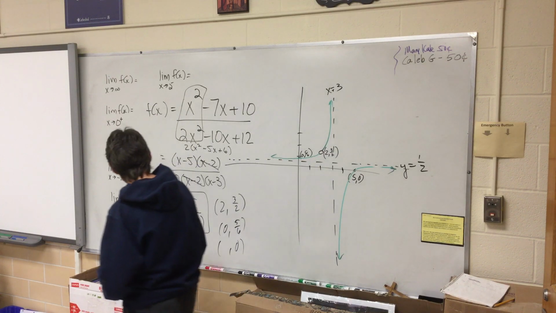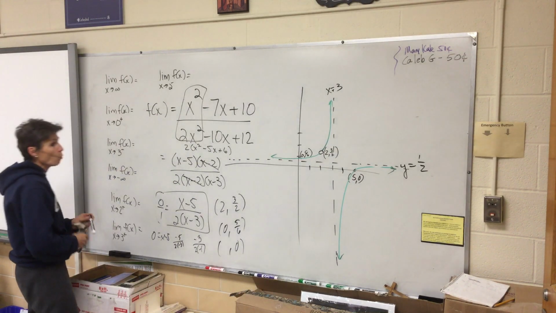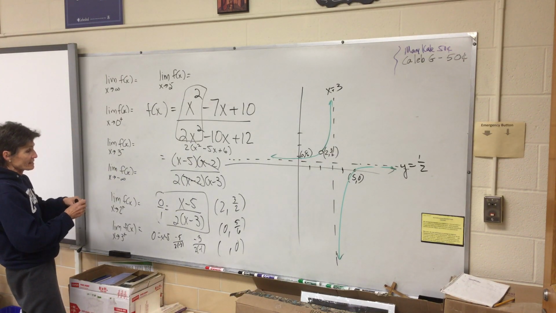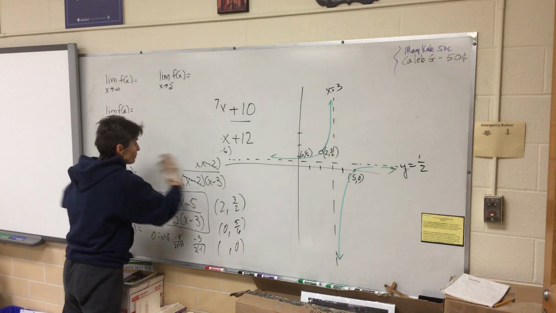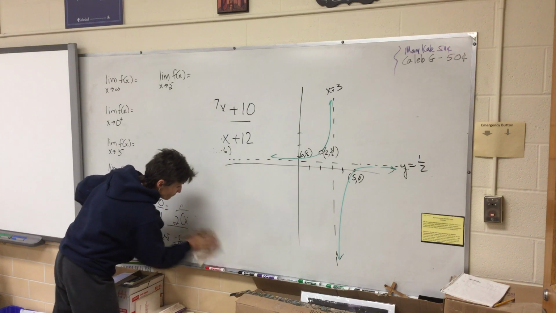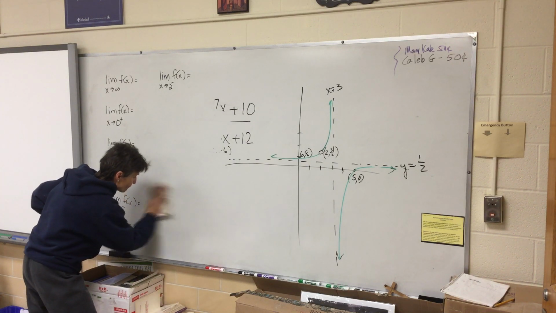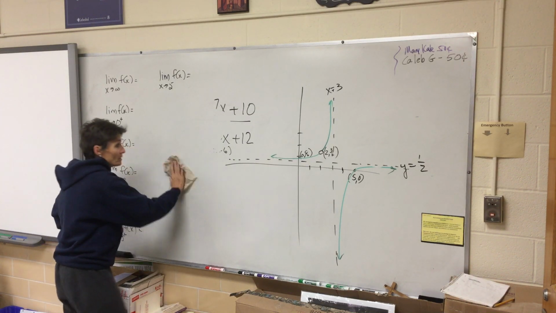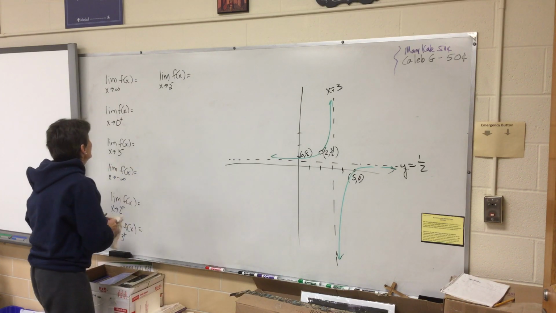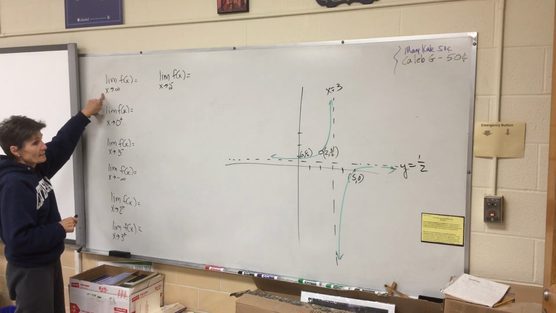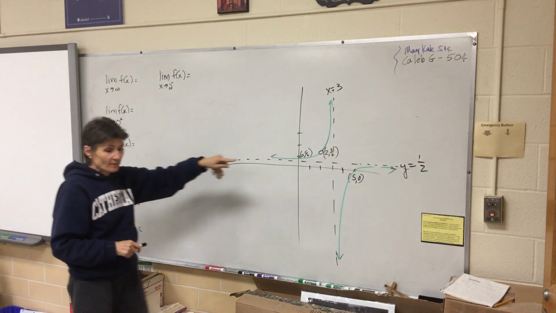Okay, then let's answer the questions about the limits that we have. I'm going to get all this out of here, don't need it anymore, because all of our limit answers are going to come straight from our picture. All right, so the first one said the limit as x approaches infinity.